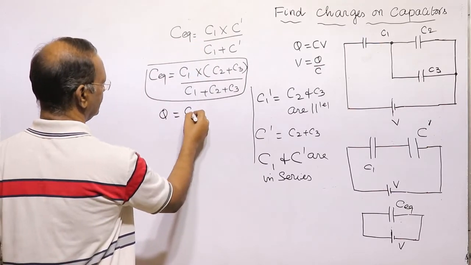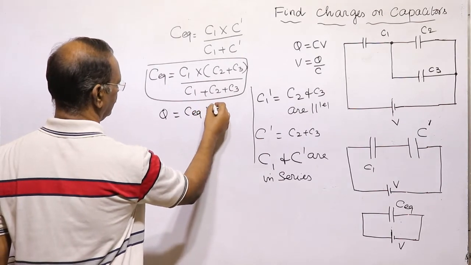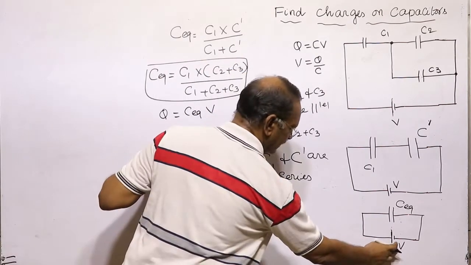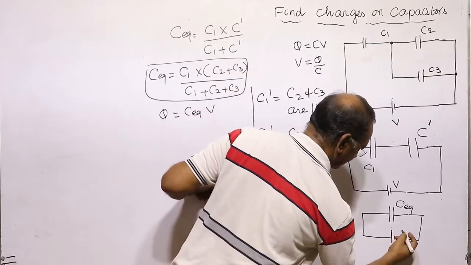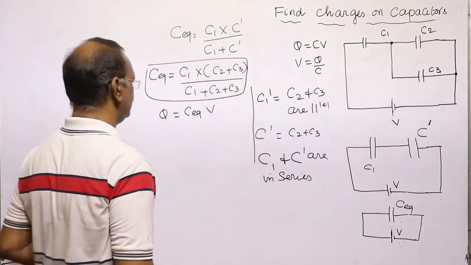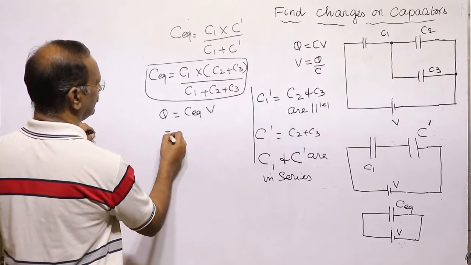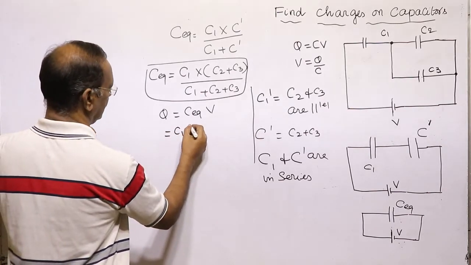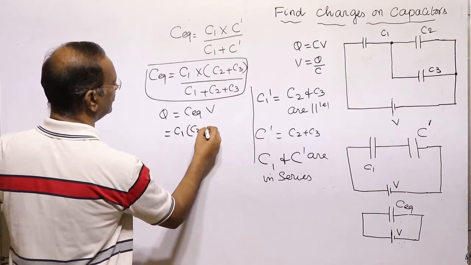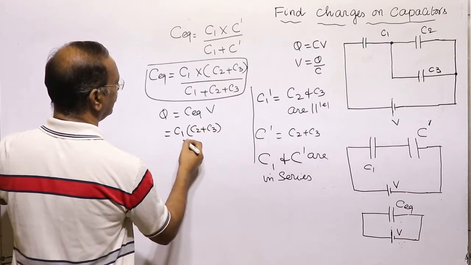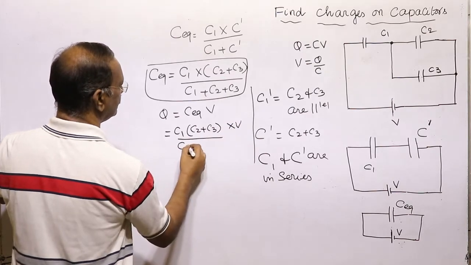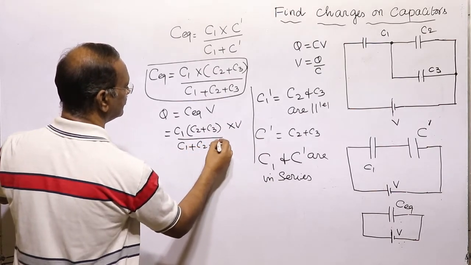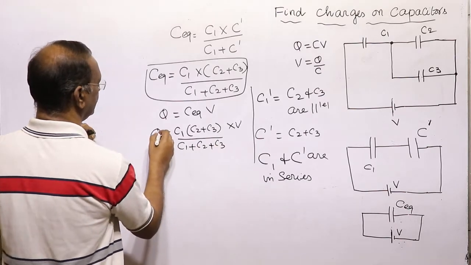Charge is equal to C equivalent into potential applied. So what is the charge? C equivalent is equal to C1 into C2 plus C3, into V divided by C1 plus C2 plus C3. This is the charge.